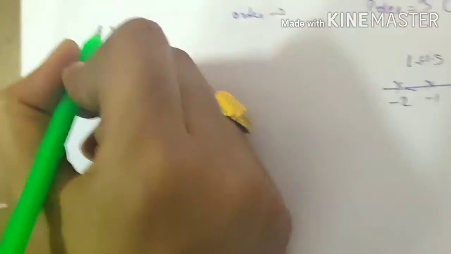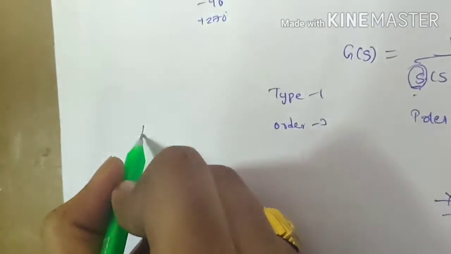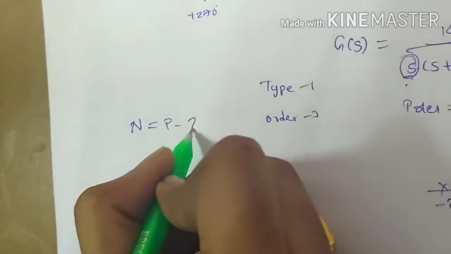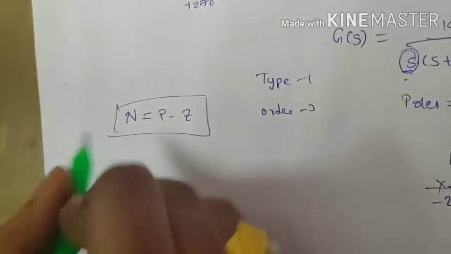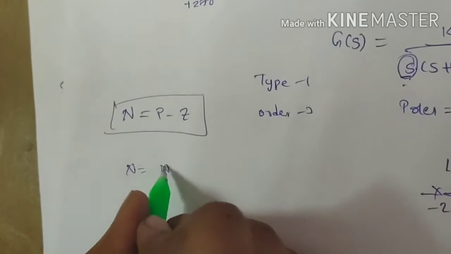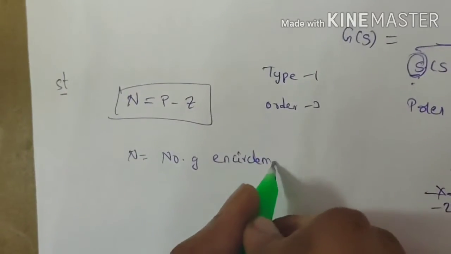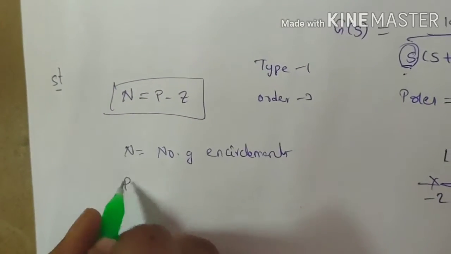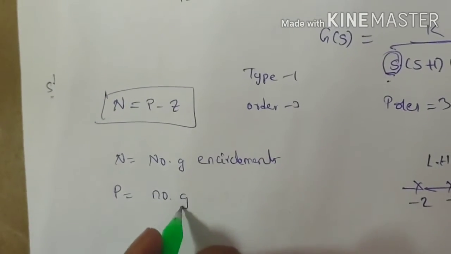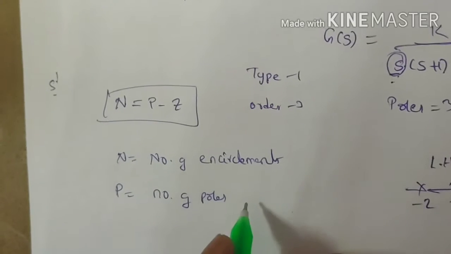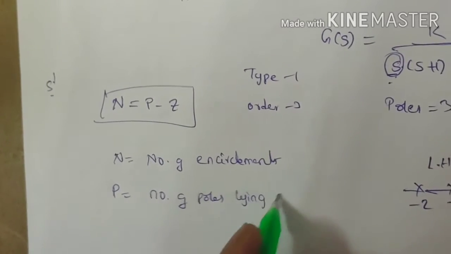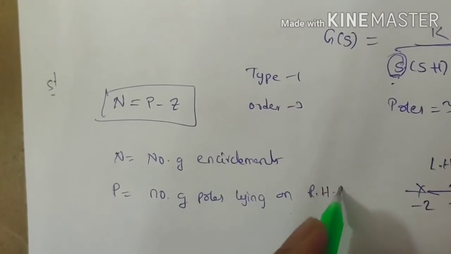Now for the Nyquist plot, to determine the stability, there is one formula, N equals P minus Z, where N represents the number of encirclements, and P represents the number of poles lying on the right hand side of the S plane.